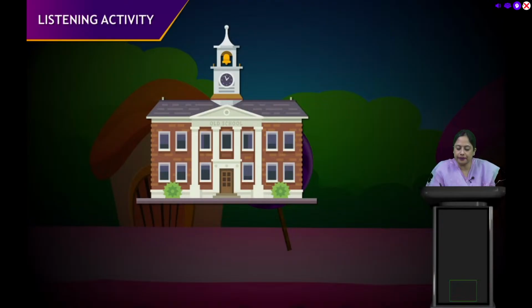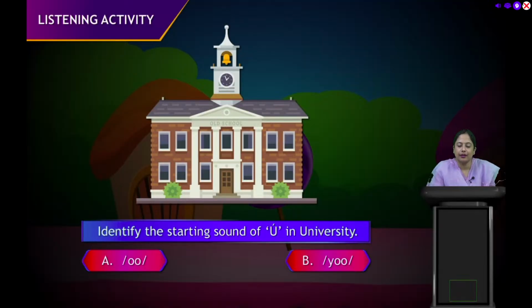The next one. University. I'll play it once again for you. University. What did she say? How do you produce the sound of this word? Is it university or university?